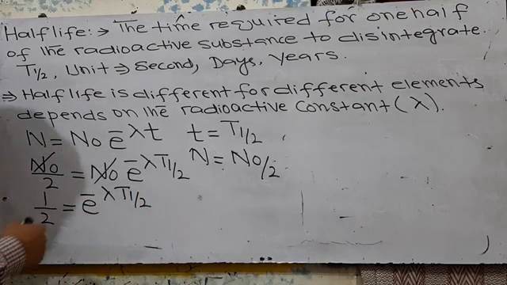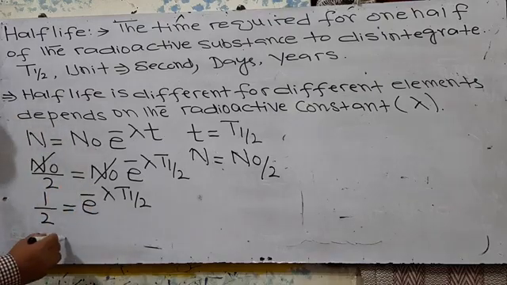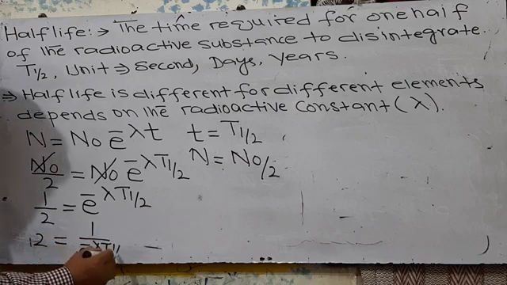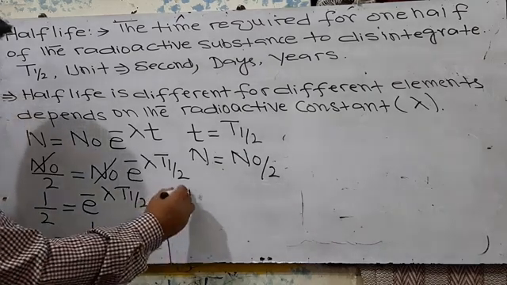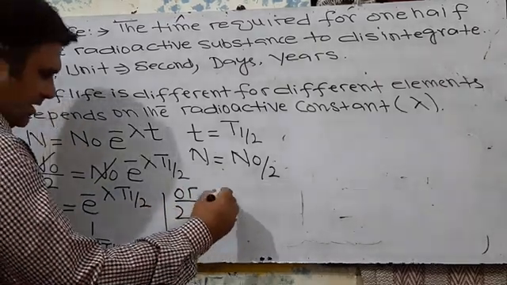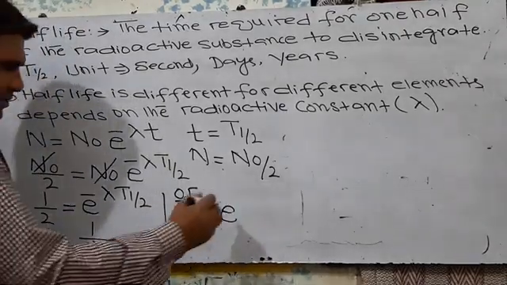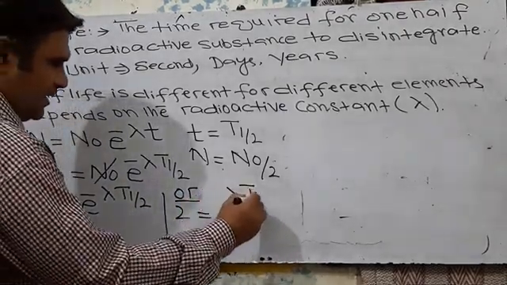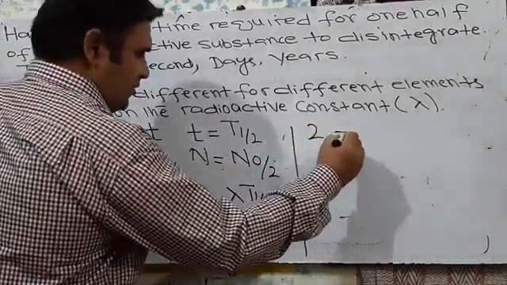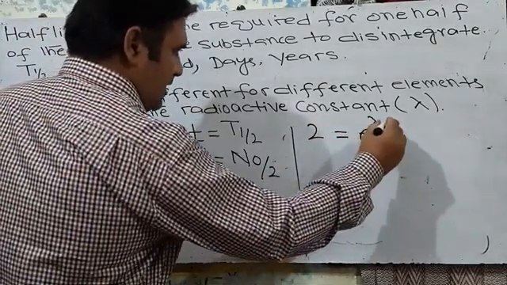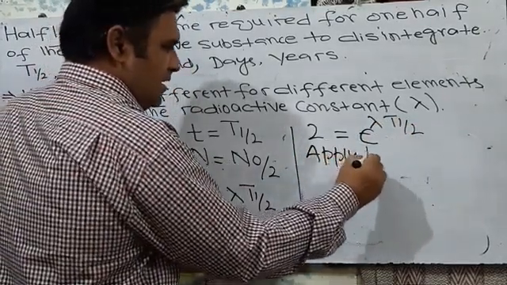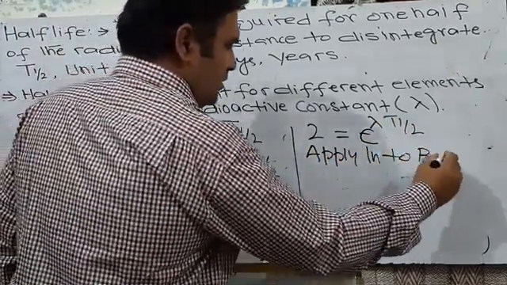Reciprocal this equation. So 2 is equal to 1/E minus lambda T1/2, or 2 is equal to E lambda T1/2. Apply log to both sides.